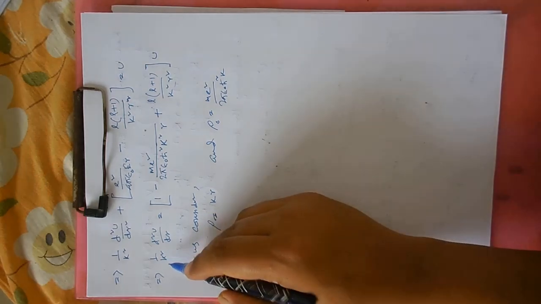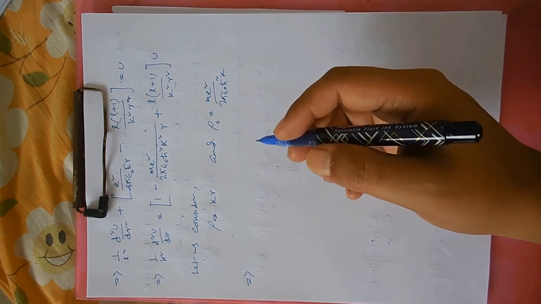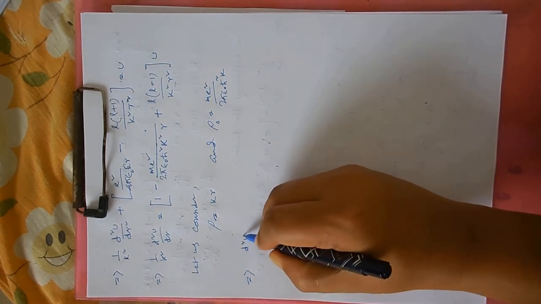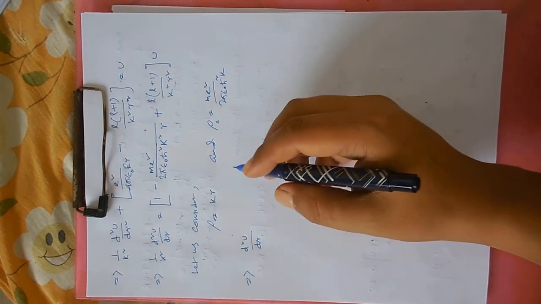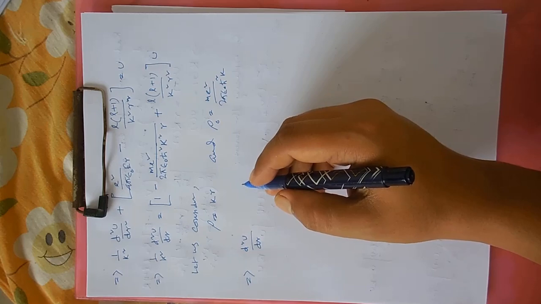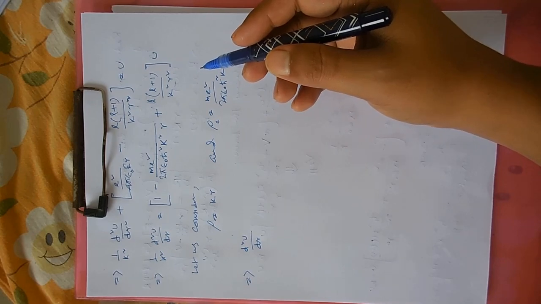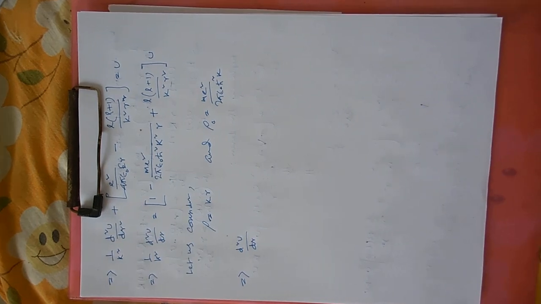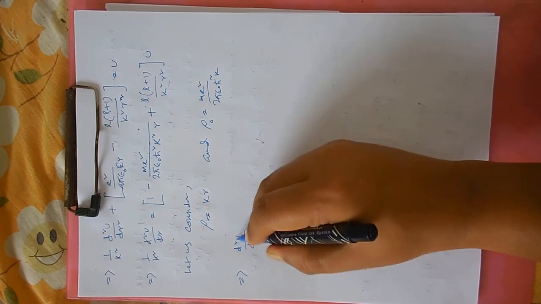Okay, so there is a k square. Let me write. Oh, sorry, you have to find out this thing too.